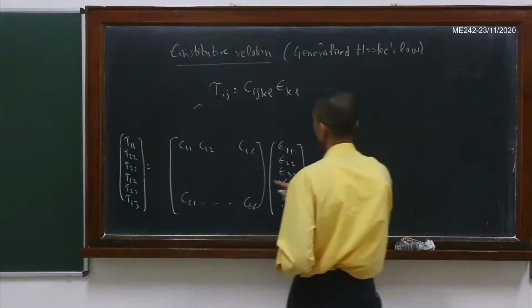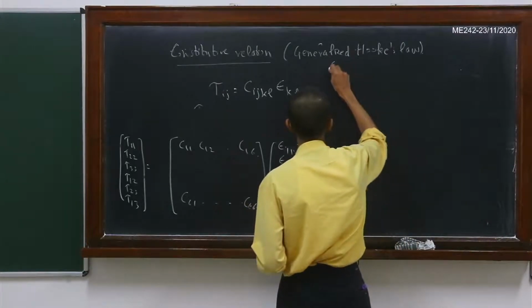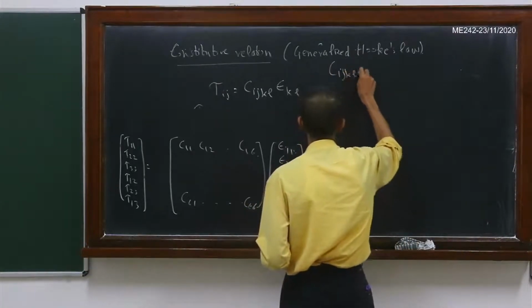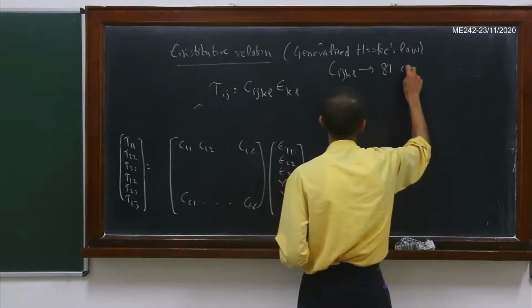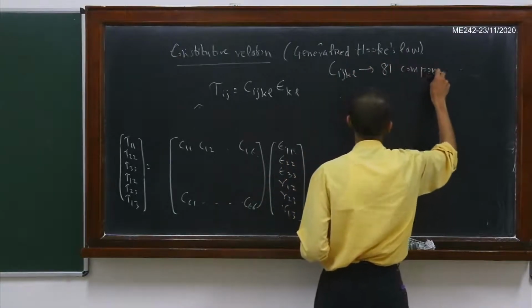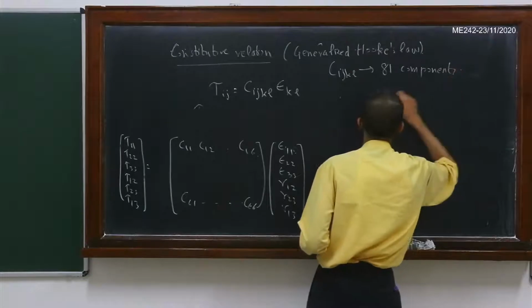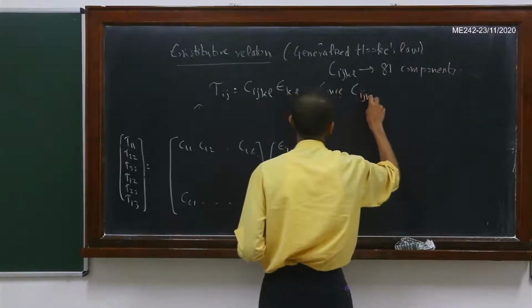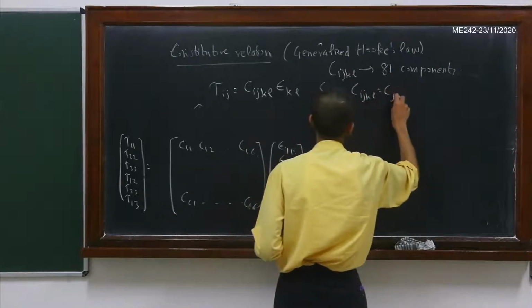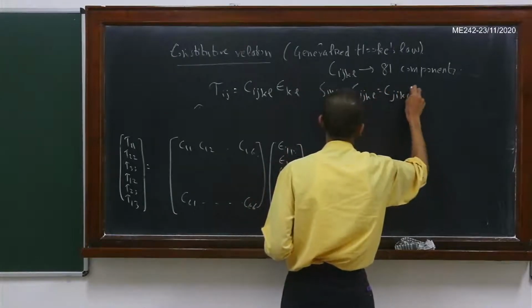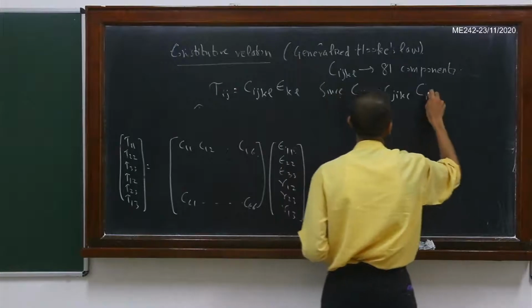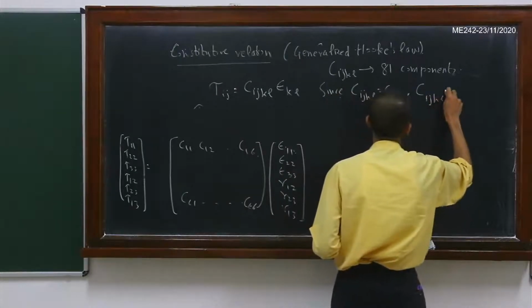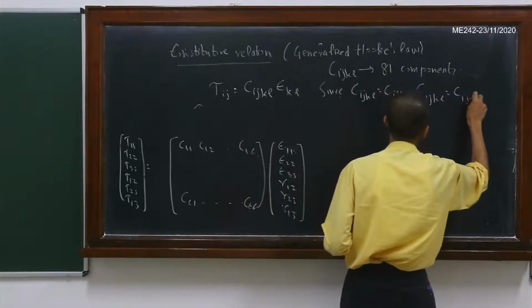because of this, you will see that actually CIJKL originally had 81 components, but since CIJKL is equal to CJIKL and CIJKL is equal to CIJLK.